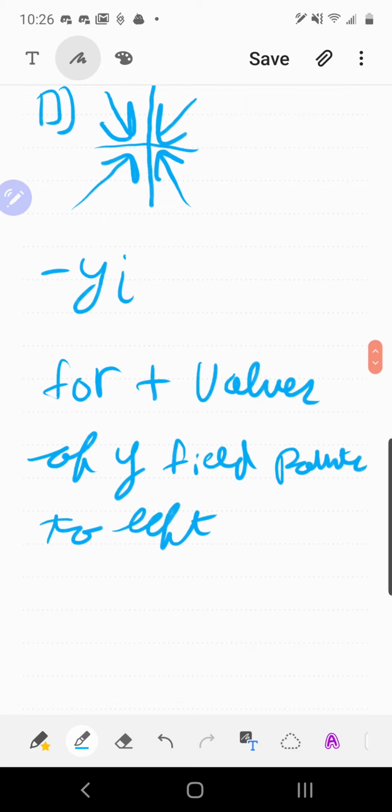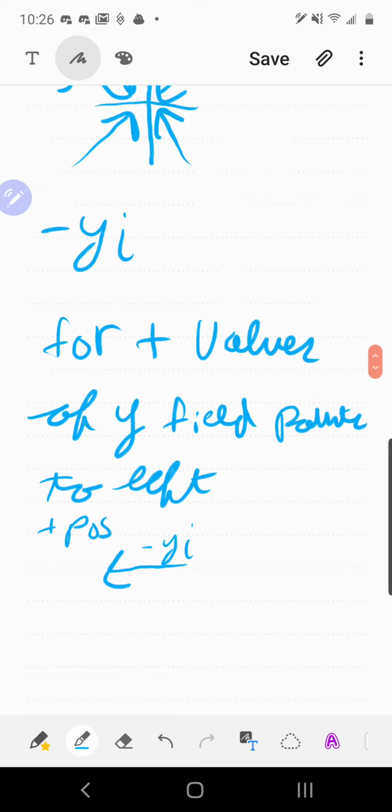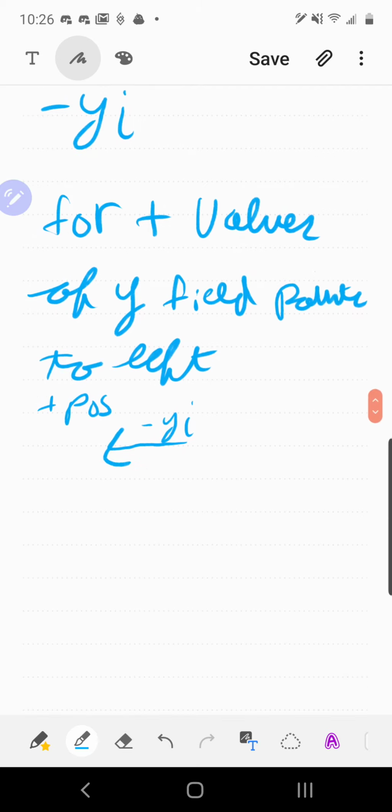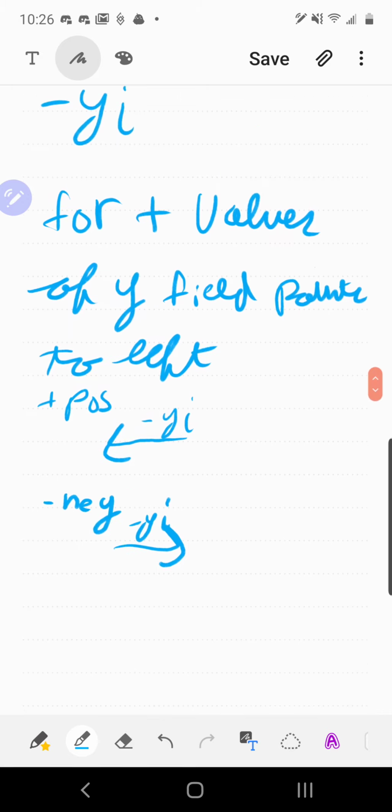If you put in a positive 1 in there, you're going to have a negative 1 i, which is going to be to the negative x-axis. And then we also know that negative values are going to point to the right. Okay, so that's cool for that.